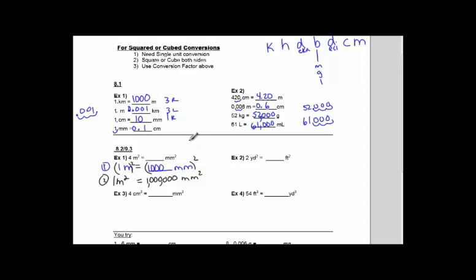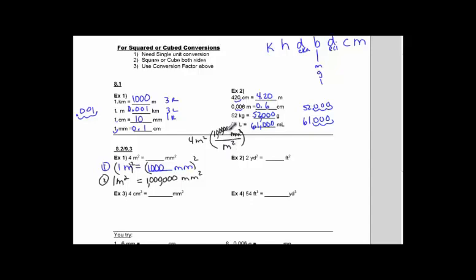And we're going to start out with what we have, 4 meters squared. We're going to multiply by the unit factor. We want to get rid of the square meters, and we want to end up with square millimeters. So we just found that 1,000,000 square millimeters is equal to 1 square meter.